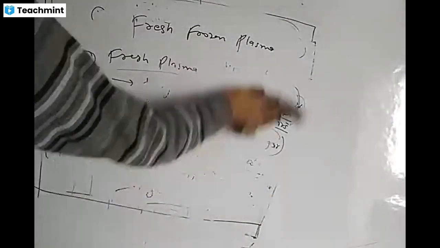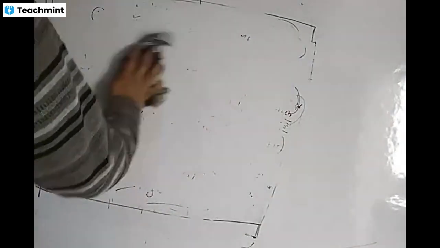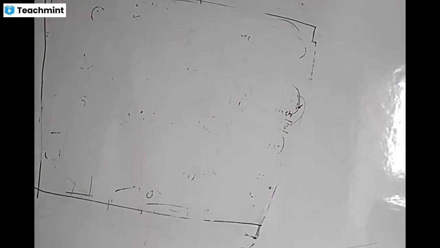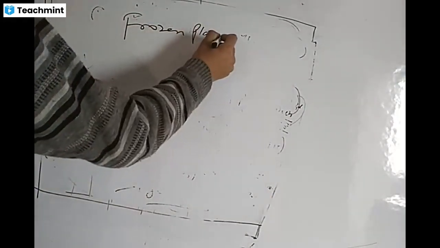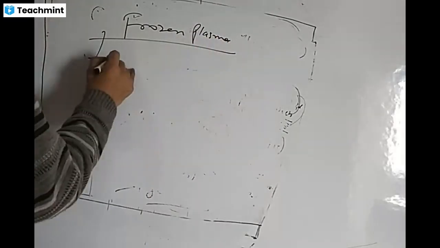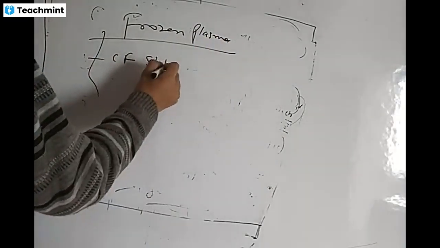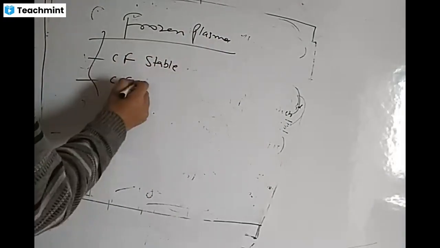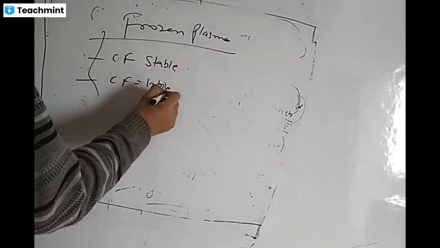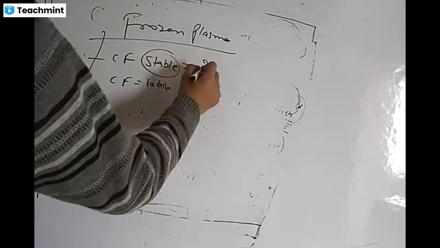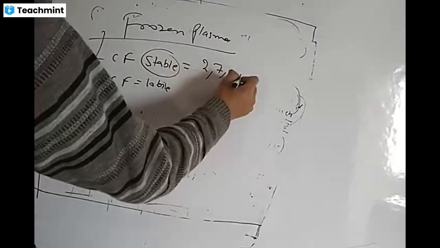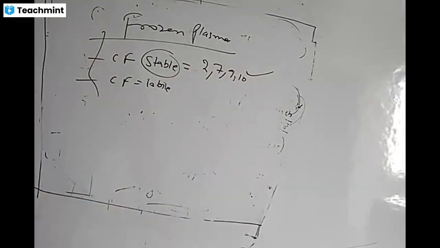The problem with frozen plasma is that some clotting factors are stable and some are labile. Stable clotting factors are the vitamin K dependent 2, 7, 9, 10, and these are available.